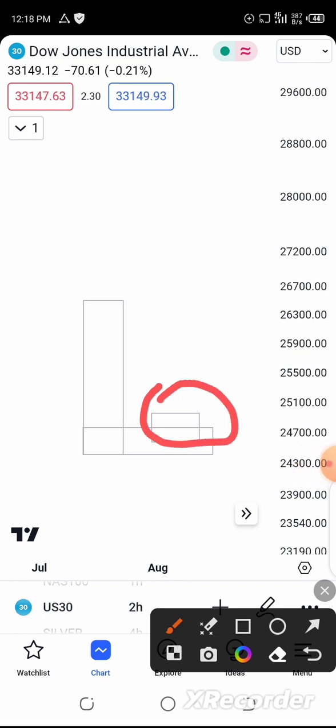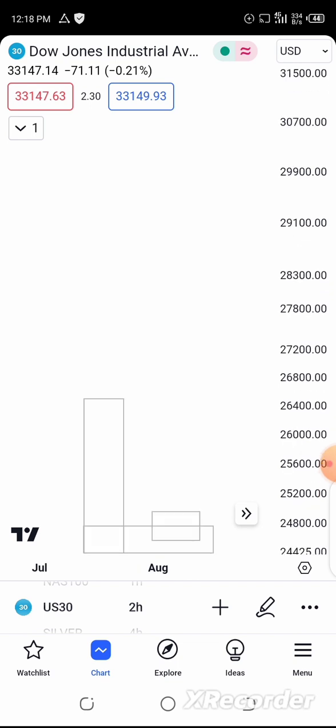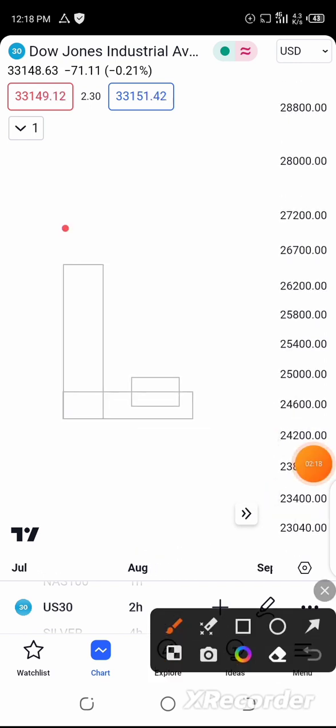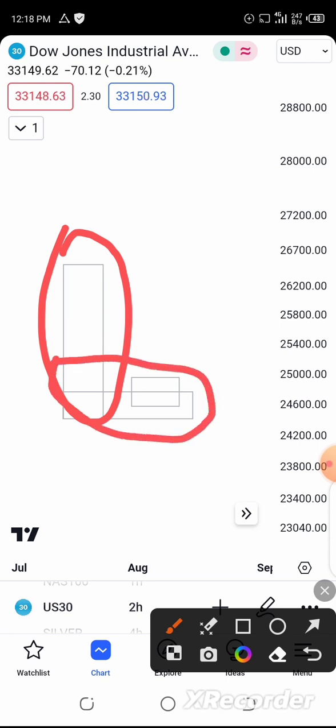So let's run it over again. First, we look for the impulse, right? Then we look for the supply and demand zone that's responsible for that impulse.